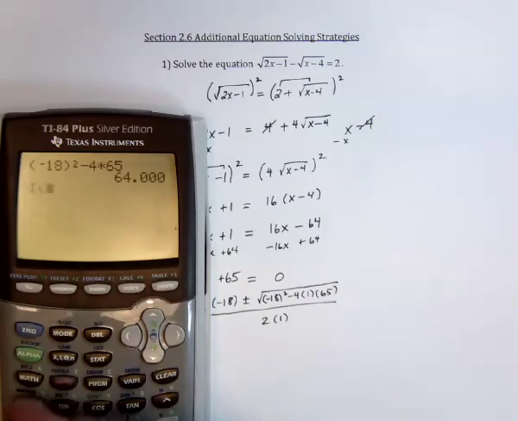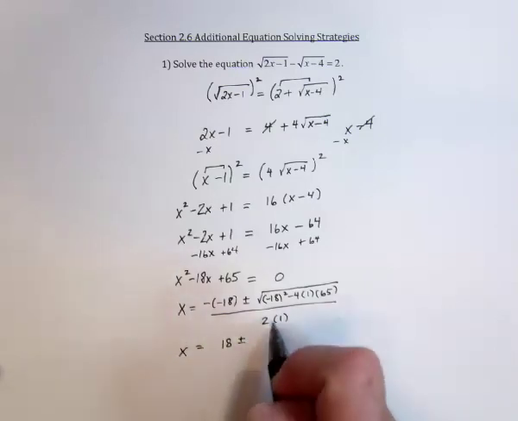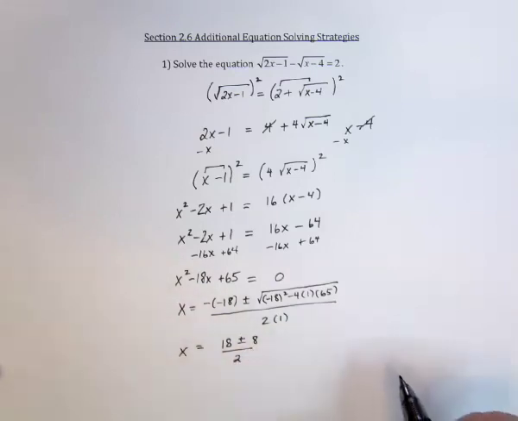Because then we can take the square root of that answer. That square root of 64 works out very nicely. So we've got x is equal to positive 18 plus or minus the square root of 64, which is 8, and then divided by 2.